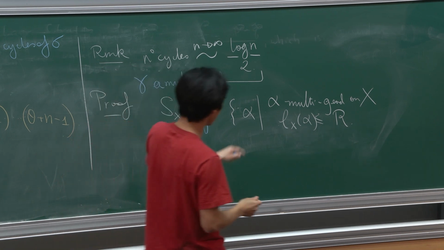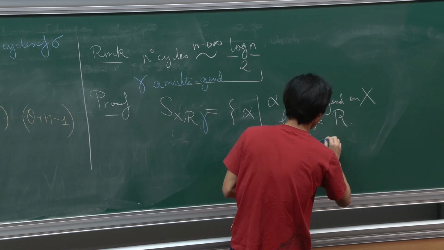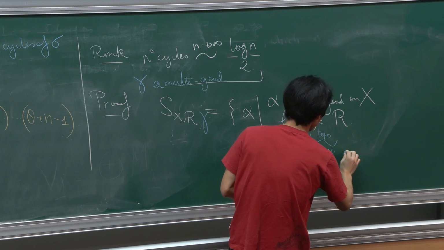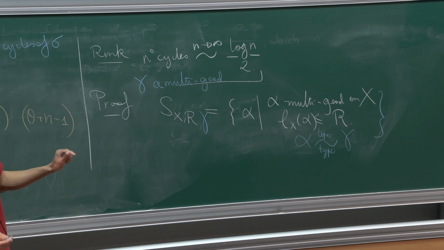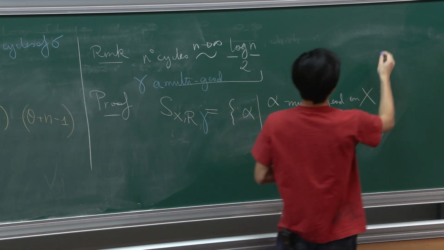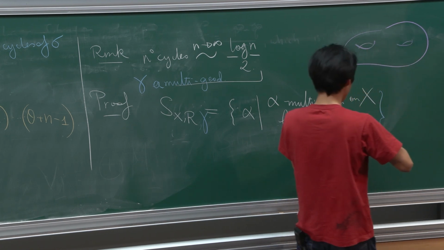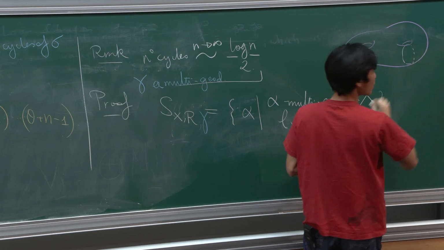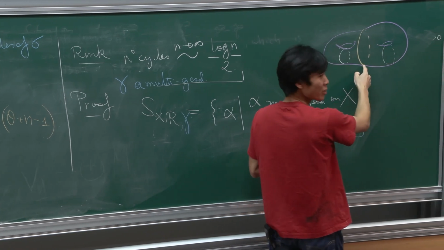I will say that alpha has the same topological type as gamma, which basically means that they differ by a diffeomorphism of the surface. An example: if this is my surface, then this curve will have the same topological type as this curve, but they are different.